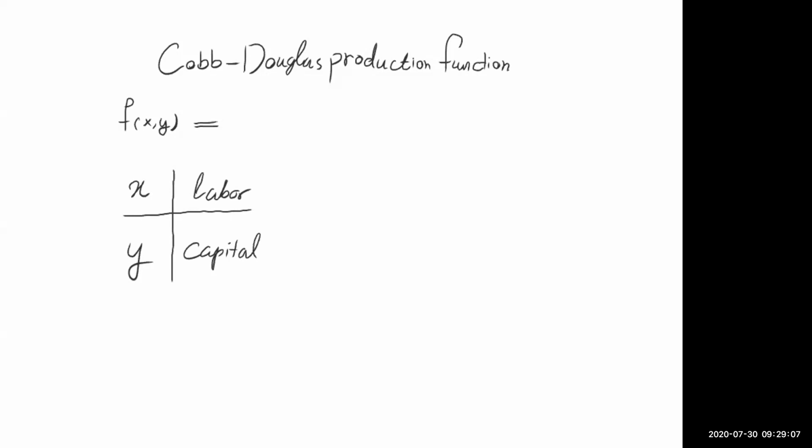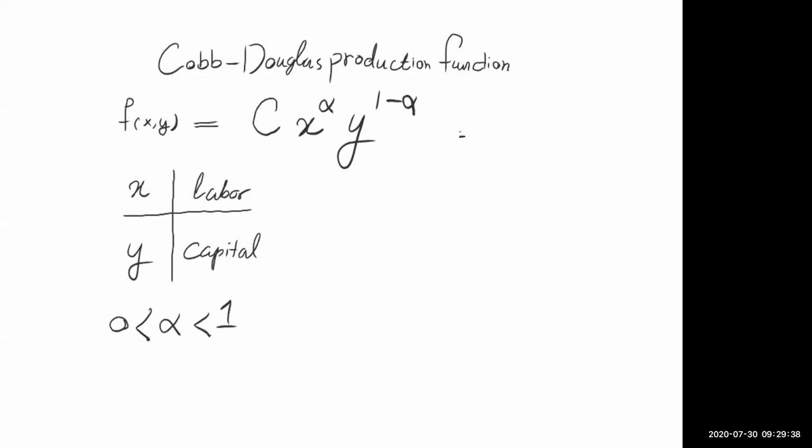And this function is defined to be C, a constant number, like 10, 100, whatever, times x to the alpha, where alpha is another constant number between 0 and 1. For example, alpha can be 1/2 or something like that, times y to the power 1 minus alpha.